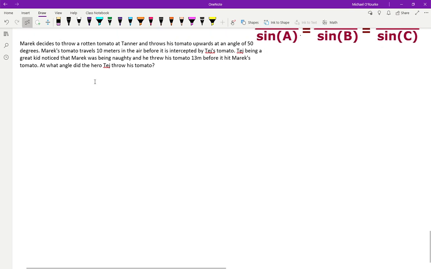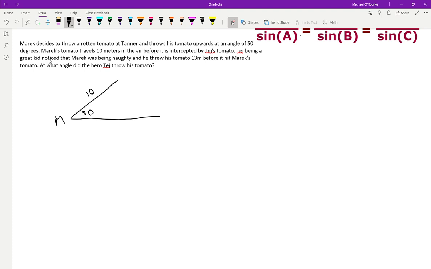Okay. Alright, here we go. So, Mark decides to throw a rotten tomato at Tanner and throws his tomato upward at an angle of 50 degrees. So, I'm going to put Mark here. He's throwing it up this way at 50 degrees. His tomato travels 10 meters in the air before it's intercepted by Tej's tomato.